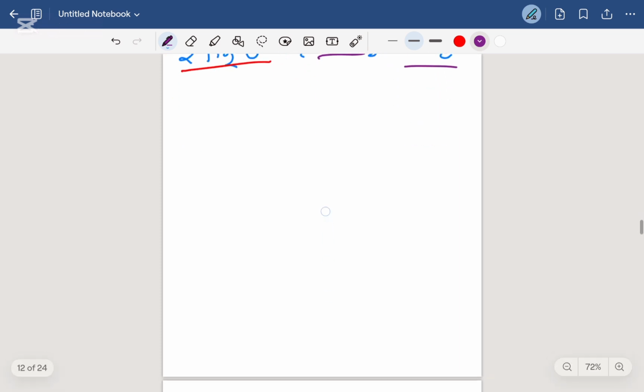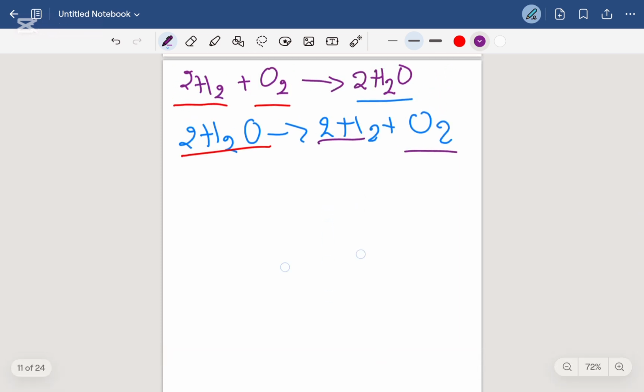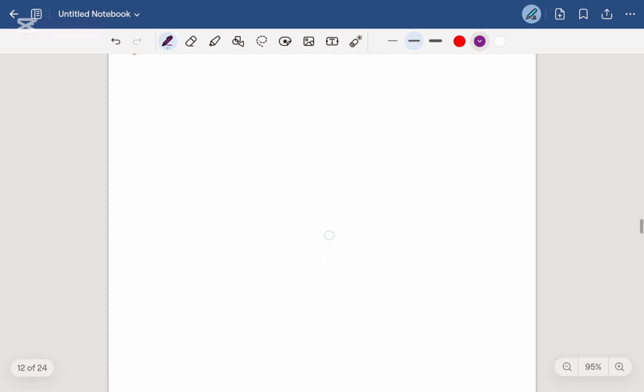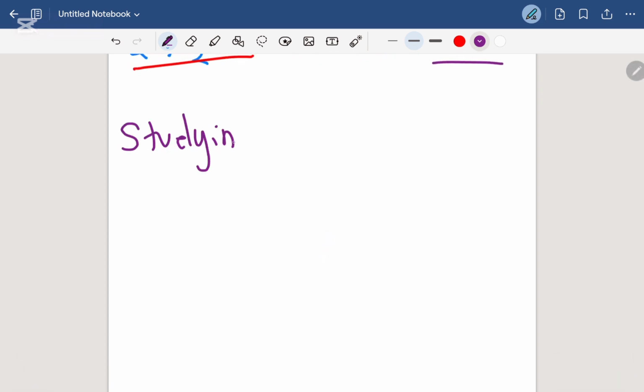Now, of course, we have something different than measuring or calculating reaction rates. We have something called studying. So, studying reaction rates. I'm going to label reaction as Rx.